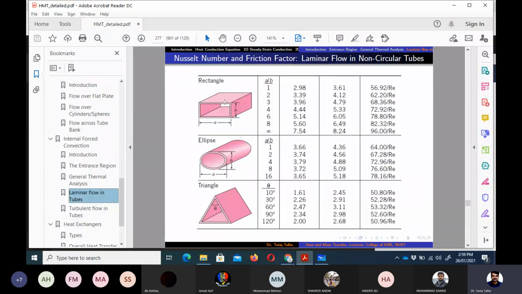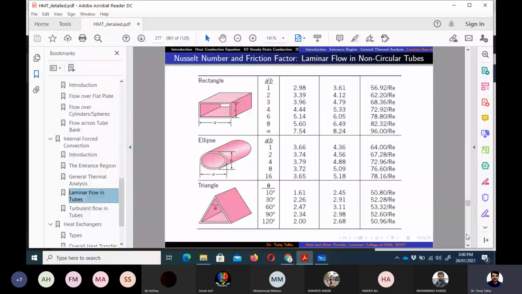So for instance, if we have a rectangular duct or an ellipse cross section or triangular cross section, then we can do this derivation to determine the Nusselt number value at constant surface heat flux and at constant temperature, and the last column is for the Darcy friction factor.